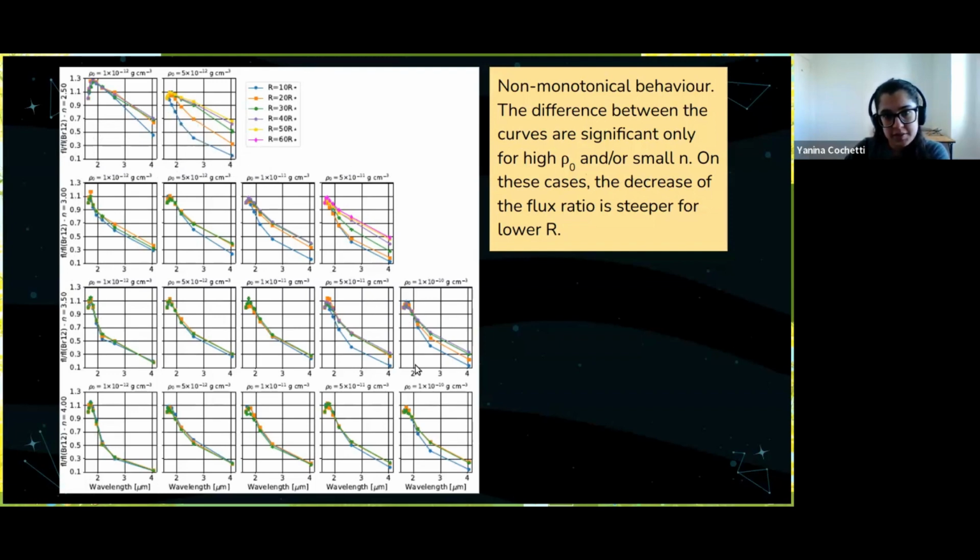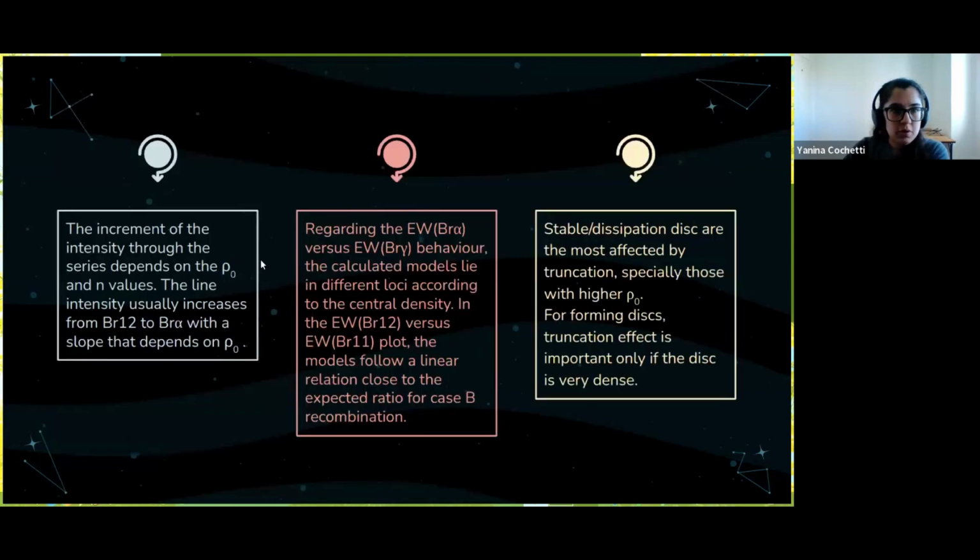It's like in this part of the subplots. Here, there is no difference between different models. And in this case, when there is a difference, the decrease of the flux is steeper for the smaller radius. So it means that we are losing a lot of the emission for the first members of this series.